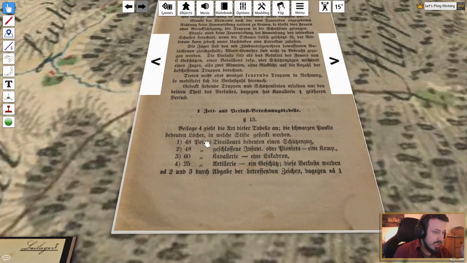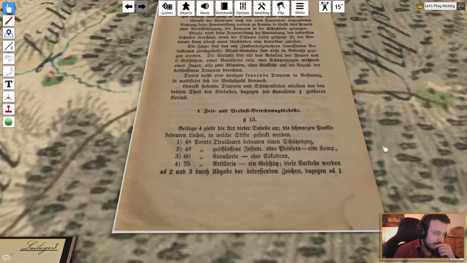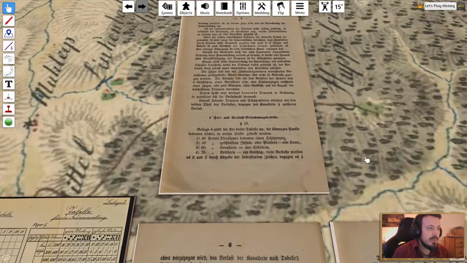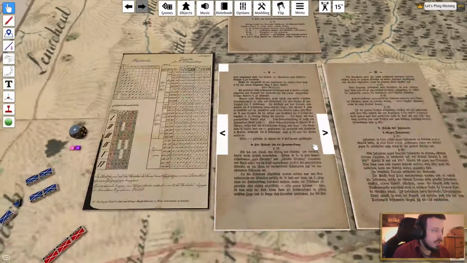Same for a file of skirmishers. 60 points for a squadron of cavalry, 25 points for 1 piece of artillery, right? So keep that in mind, just for you to understand how that works.